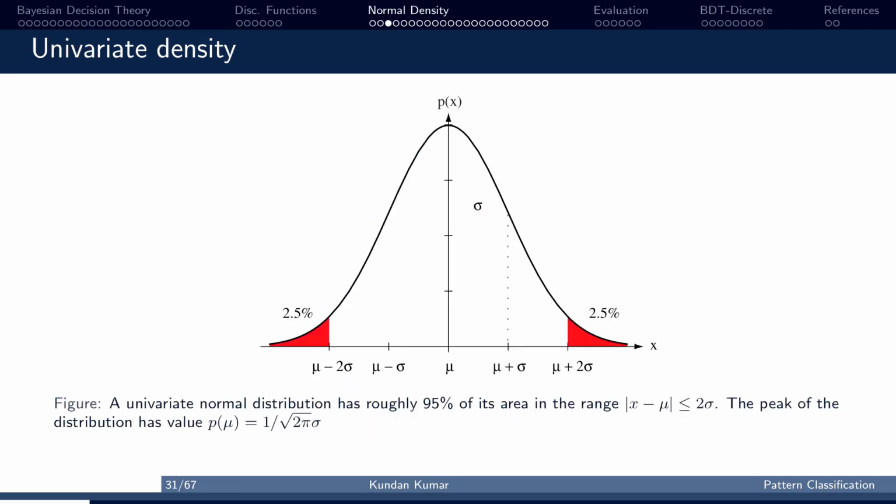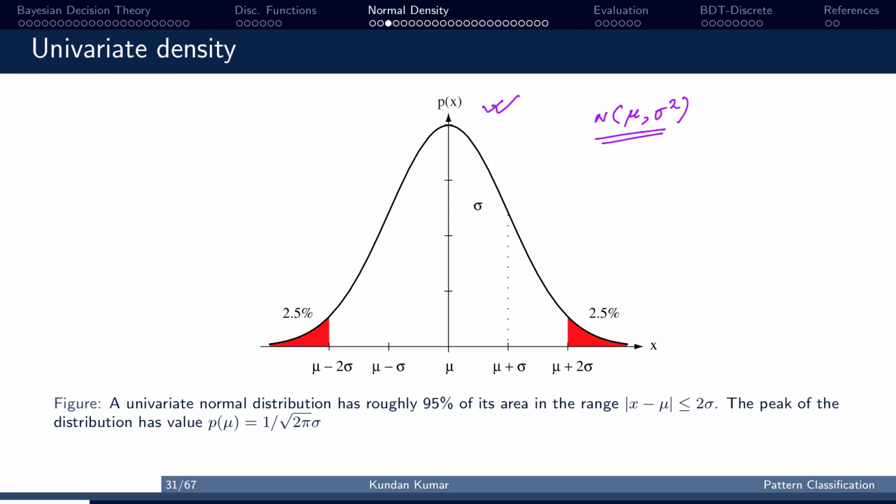Now let us try to understand using this plot. Suppose we have a univariate normal distribution with mean value mu and variance sigma square.